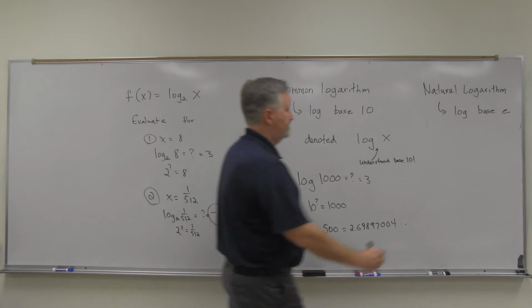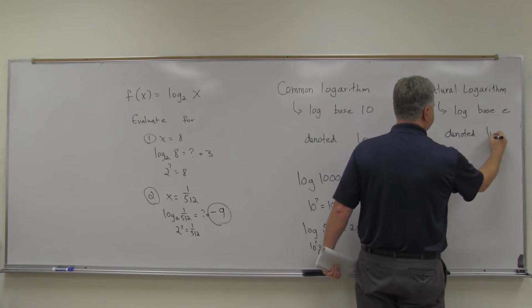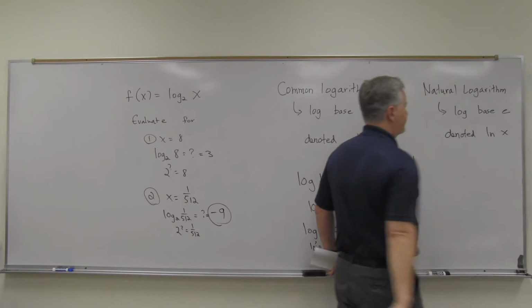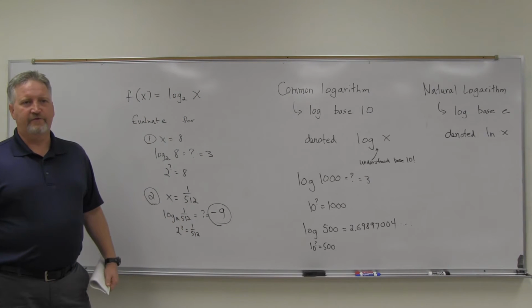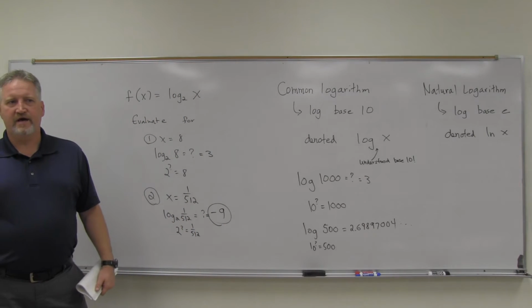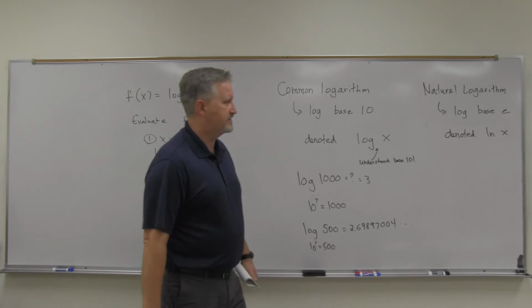And it has a special notation as well. It's ln, for obvious reasons probably. ln of x. So if you've got an ln, that's base E, okay?